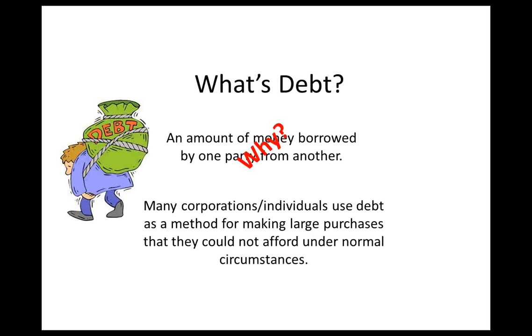The answer is that many corporations and individuals use debt as a method for making large purchases that they could not afford under normal circumstances. That's the key for this question. Under normal circumstances, one cannot afford a large purchase, and that's why we need debt as a method, as an individual, a corporate, or an organization.